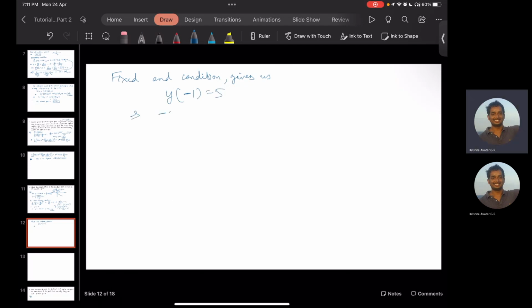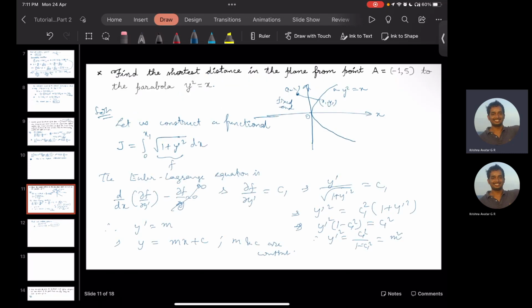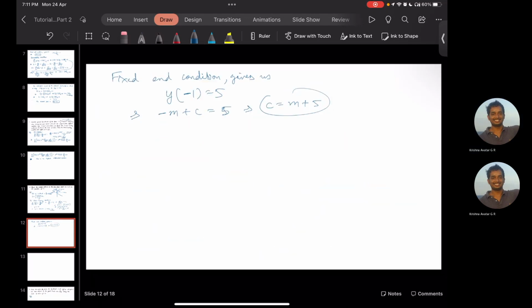Then we place that, minus m plus c is equal to 5. So this means that c is equal to m plus 5. We now need to determine the value of m. So let's invoke the transversality conditions.